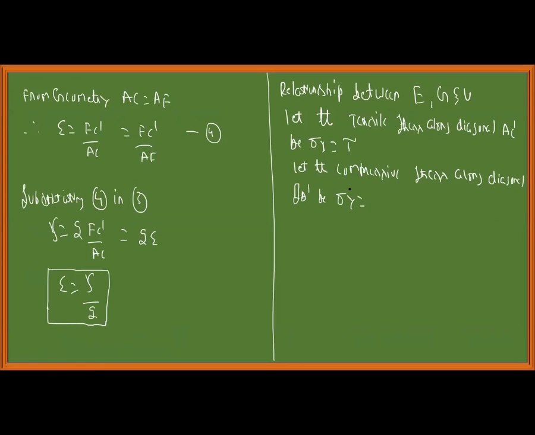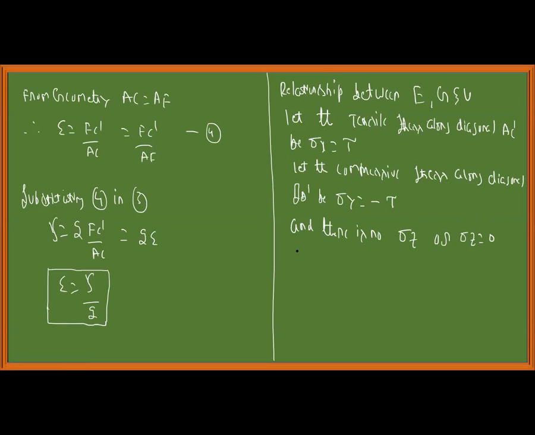For derivation purposes, I'm calling them sigma x and sigma y. Since it's compressive, it is indicated by minus tau, and sigma z is equal to 0. Instead of tau, I'm representing it as sigma x and sigma y. That's it, for derivation.